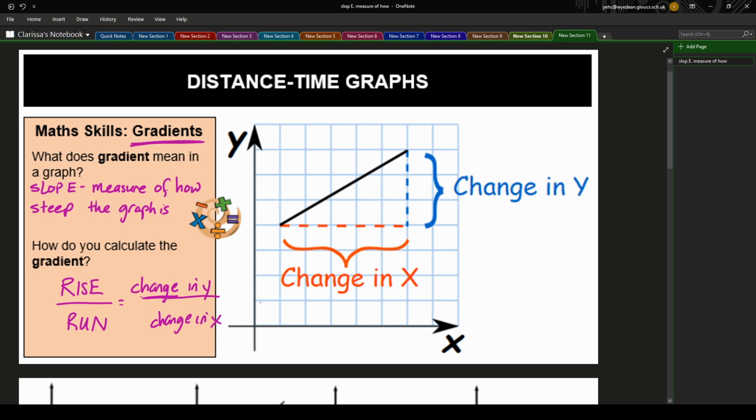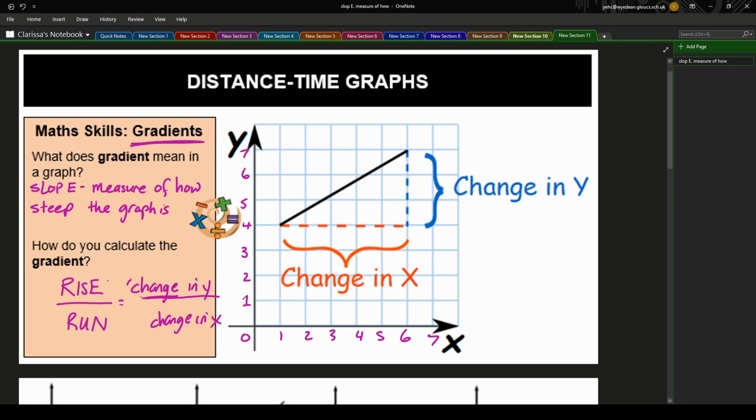So like let's say on here, that's 1, 2, 3, 4, 5, 6, 7. 1, 2, 3, 4, 5, 6, 7. Okay, and then that's 0 in the corner. So let's say we had this graph on this line.